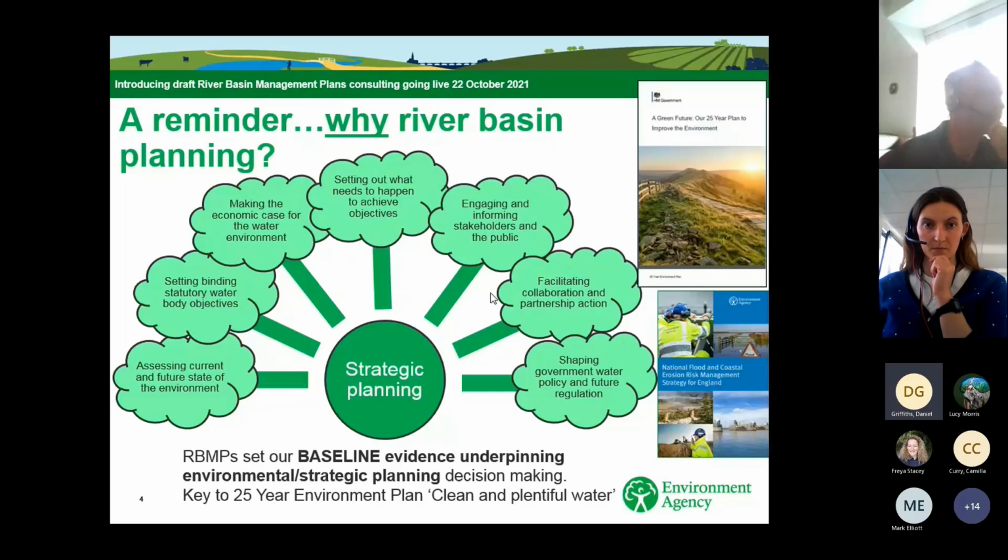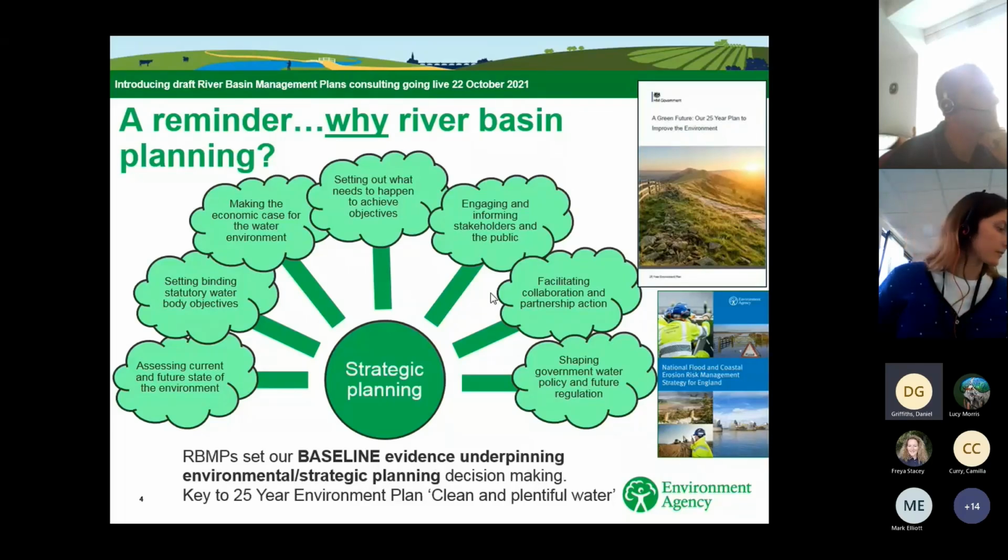The delivery mechanisms that are linked in are multiple, but some of the most significant are the WINEP, the Water Industry National Environment Programme, the Environment Agency Environment Programme, and also the Catchment Partnership way of working. It's all closely linked in with the River Basin Management Plan. And I think it's something a lot of us are doing as our collective day job all the time, delivering against this plan.